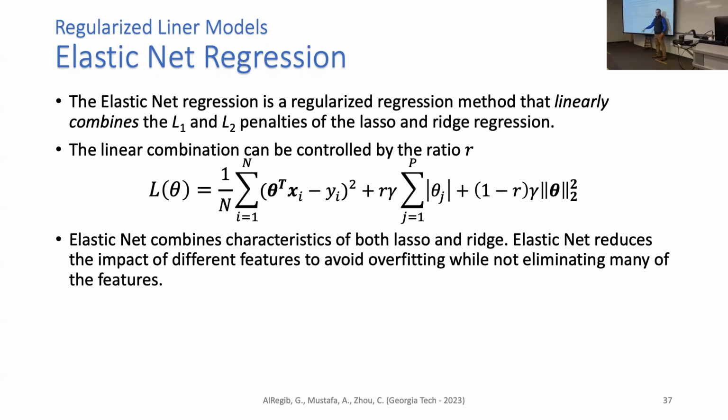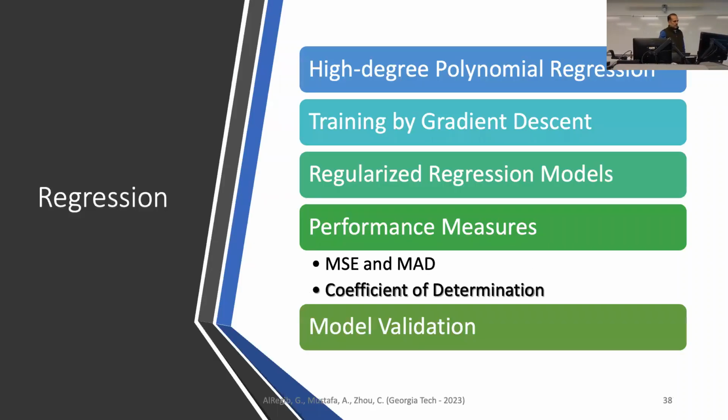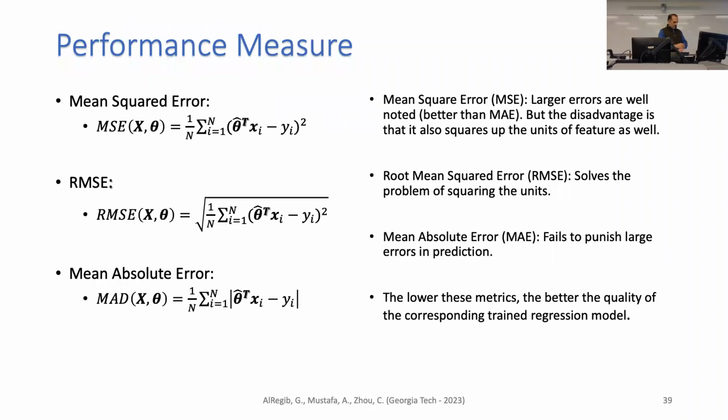Here, the very, very small ones will just be made zero very quickly, and the rest will go to the L2 norm regularization. Okay. So this is a very common elastic net regression methodology.